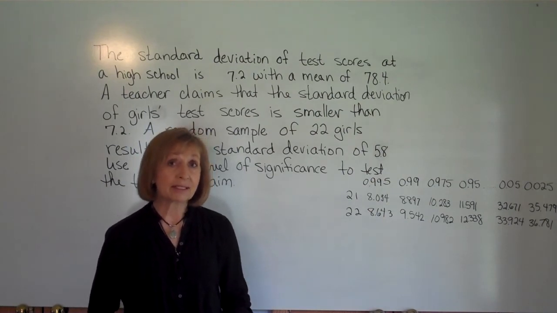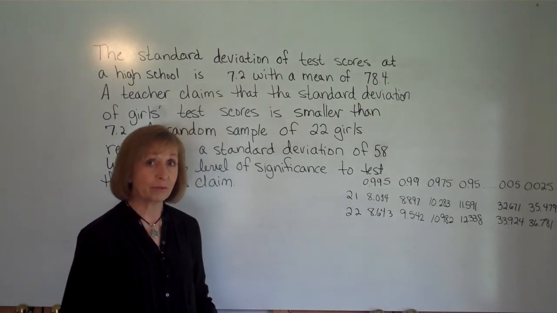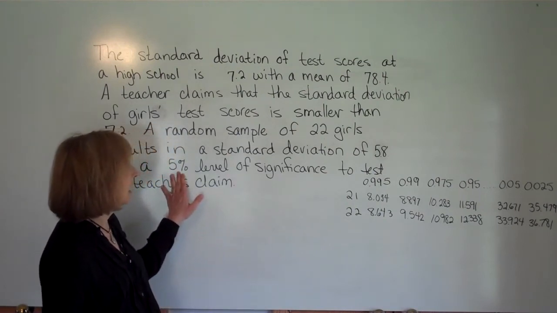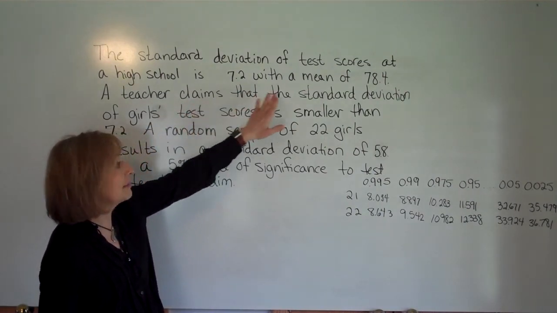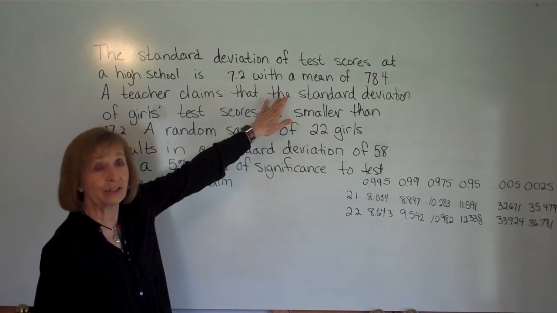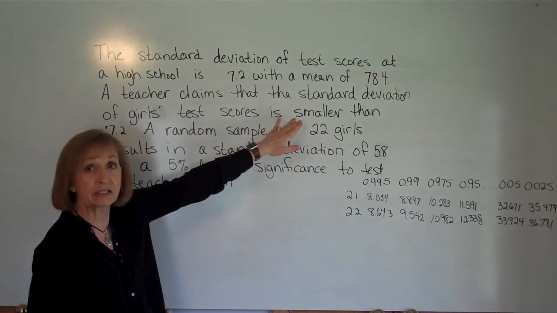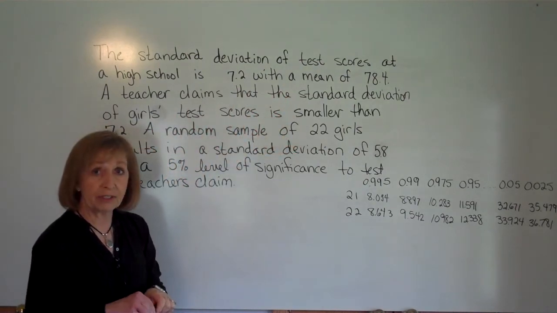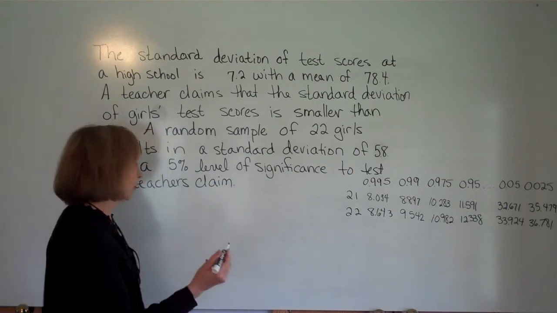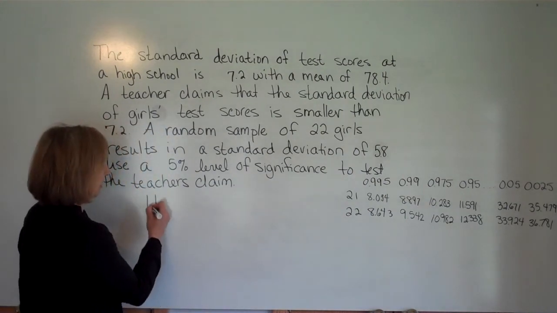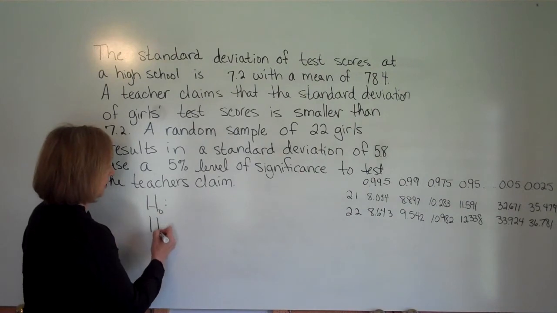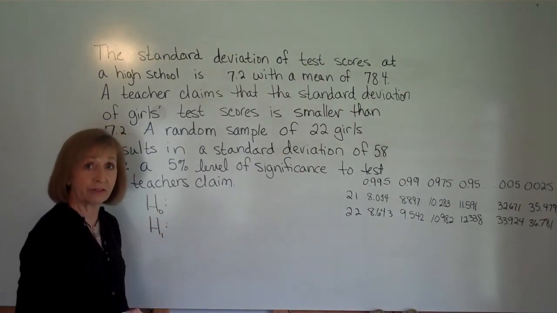Now here we're supposed to test the teacher's claim at a 5% level of significance, and the teacher claims that the standard deviation of the girls' test scores is smaller than 7.2. So for our null and alternate, we always need to state the null and alternate of the hypothesis test first.